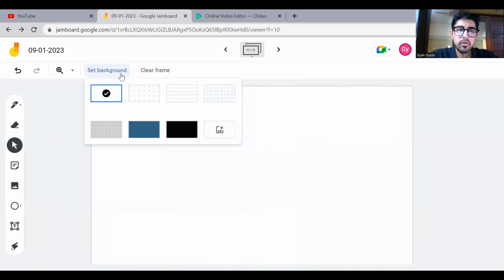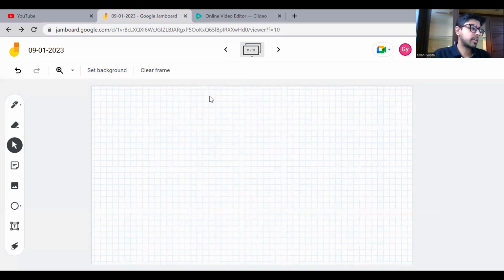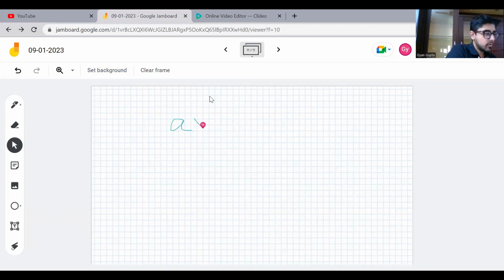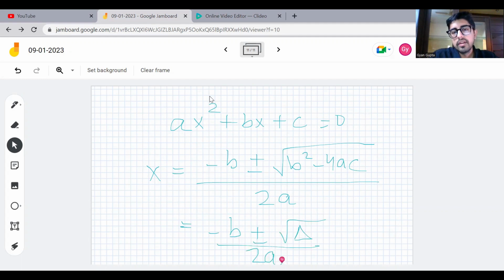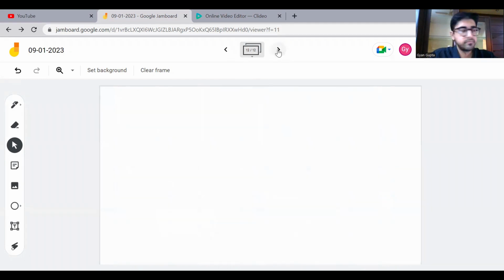Now, the roots of a quadratic equation ax square plus bx plus c is equal to 0 are given by x is equal to minus b plus or minus root over b square minus 4ac by 2a. An easier way to remember is minus b plus or minus root of delta by 2a, because we already know delta is equal to b square minus 4ac.